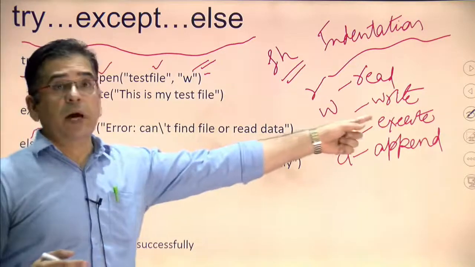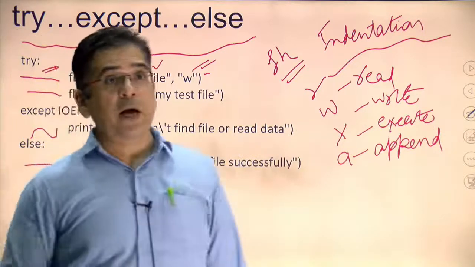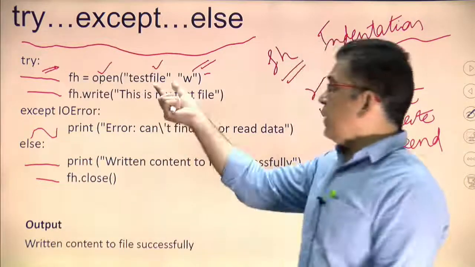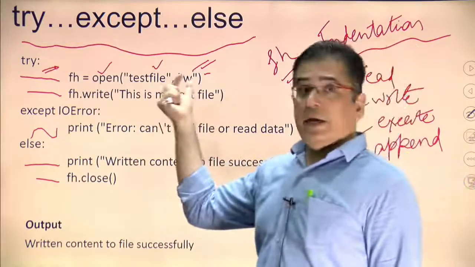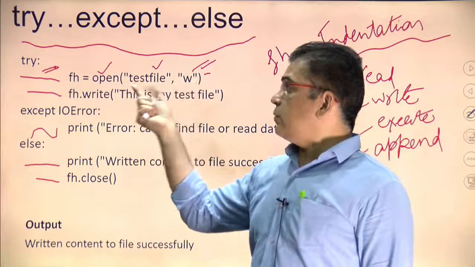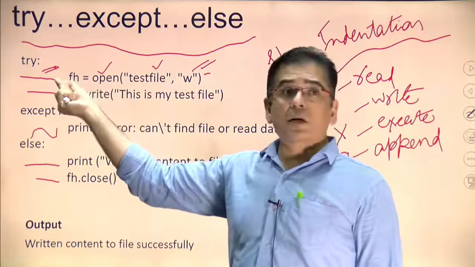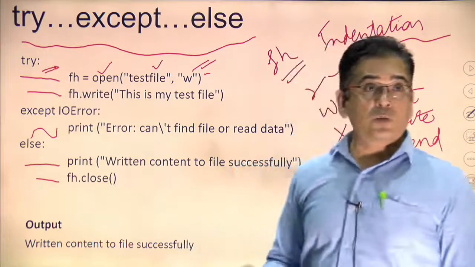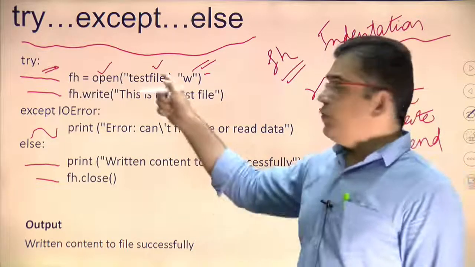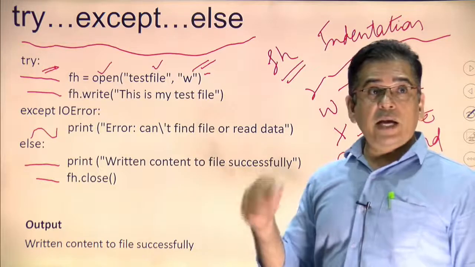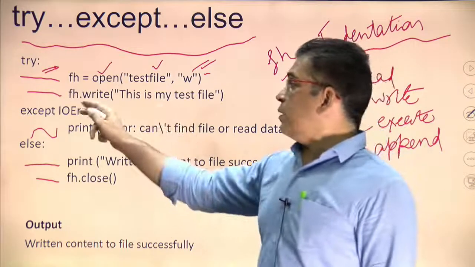w means write mode. I want to open the file whose name is test file in write mode, and the temporary result will be stored in the fh object. Now once the file is open, I will execute one inbuilt method, write.